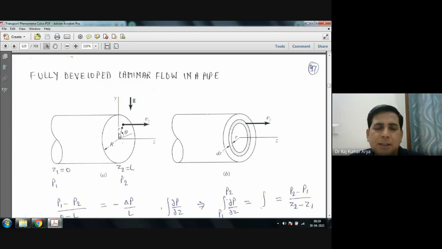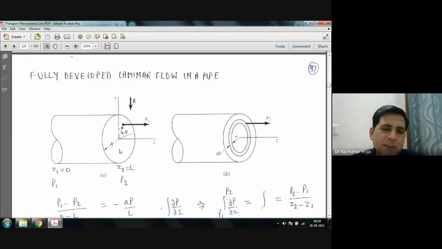So that is the r side. Theta is just to make the complete circle. So that is the theta side.